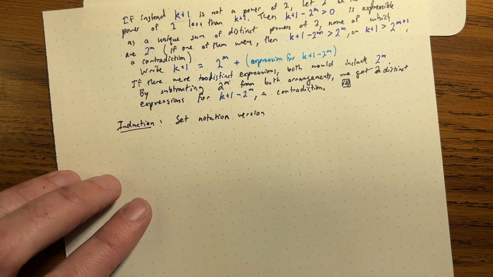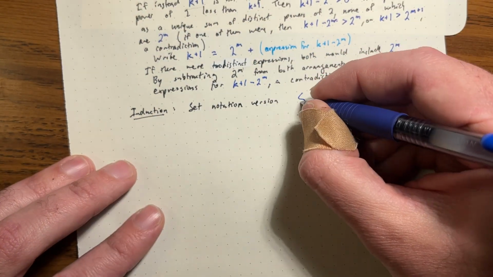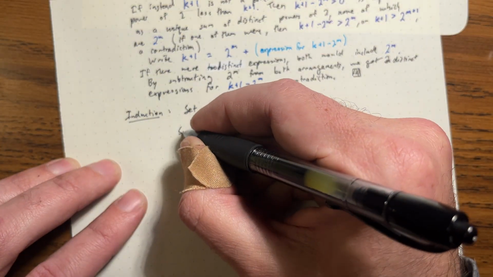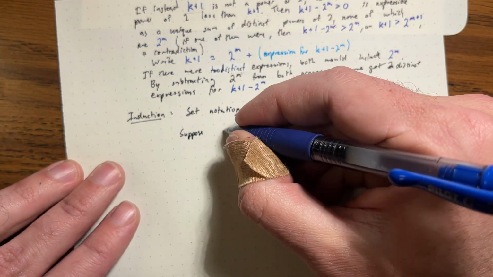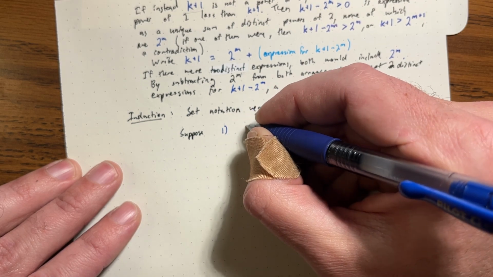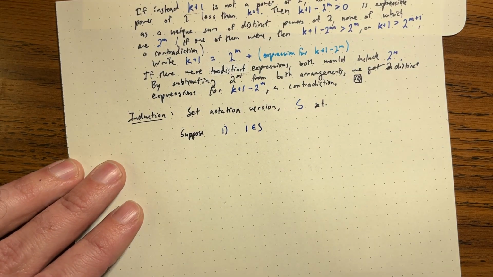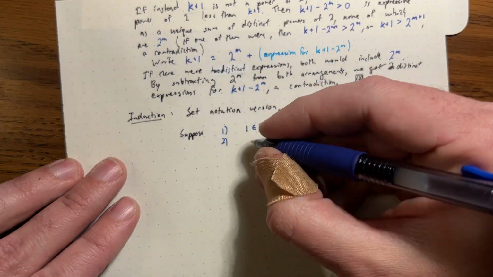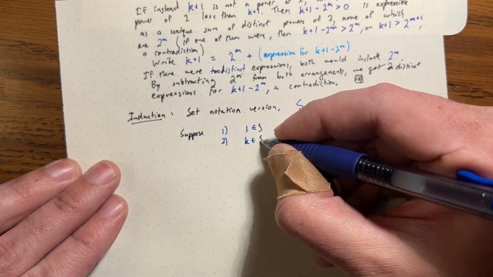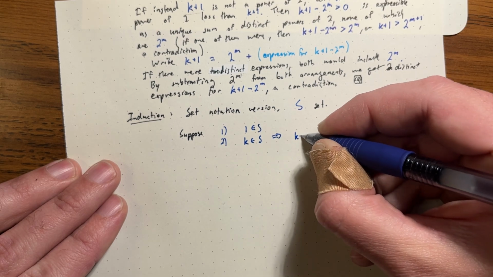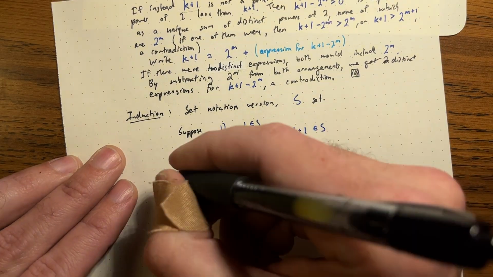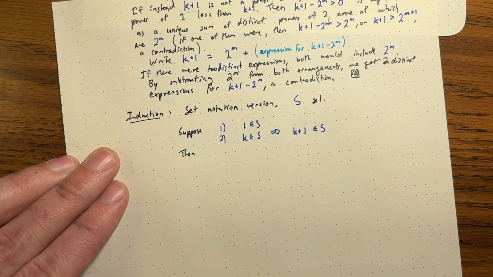So suppose S is a set. Here's induction phrased in terms of set notation. Suppose, first of all, the number 1 is in S. That's my base case. Step 2: suppose that k being in S implies k plus 1 is in S. You can modify this if you want the strong induction version, but this is the weak induction.